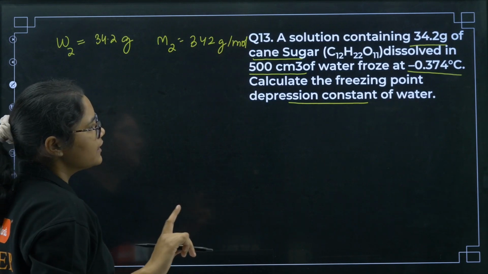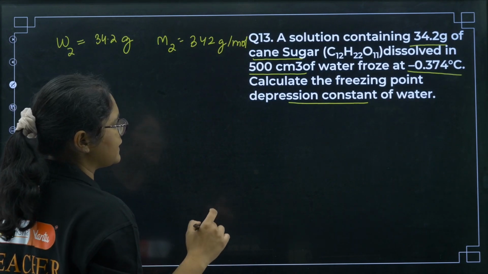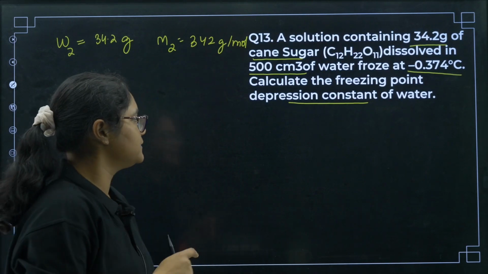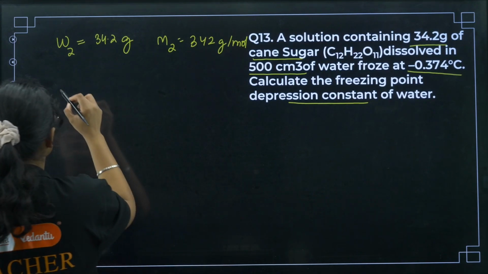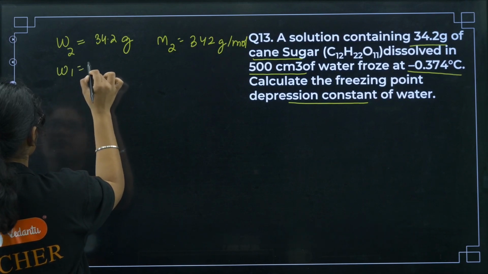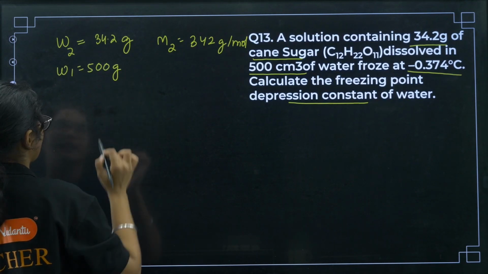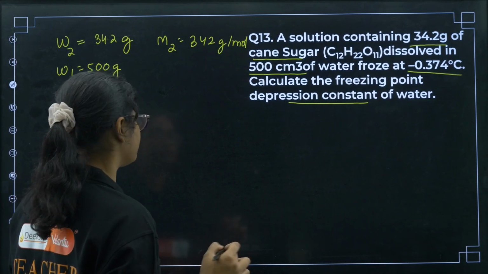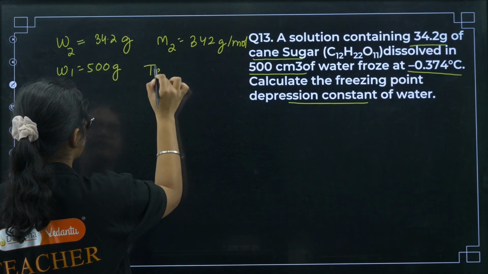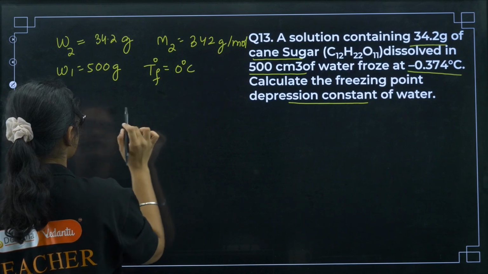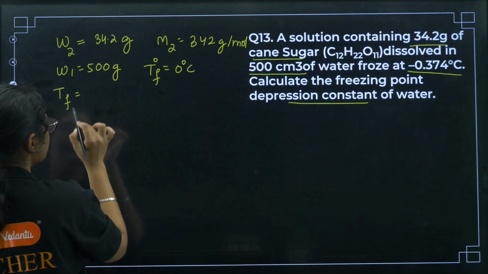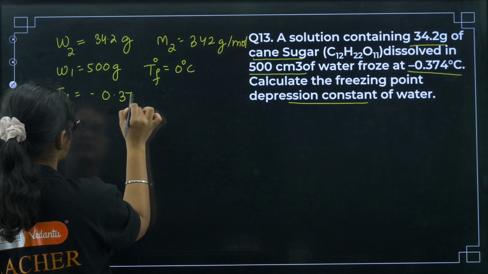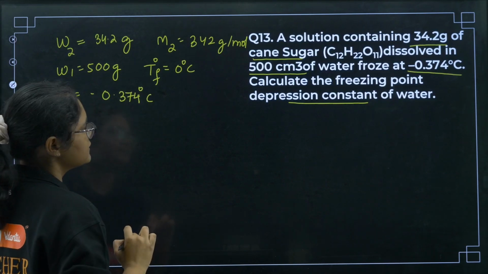Next, 500 centimeter cube of water, and you know the density of water is 1 gram per ml, so that means this is 500 gram, right? So what is the mass of the solvent? 500 gram. Next we have the freezing point. T naught F will be 0 degree Celsius and the TF value will be minus 0.374 degree Celsius.